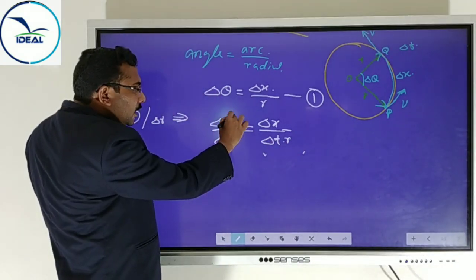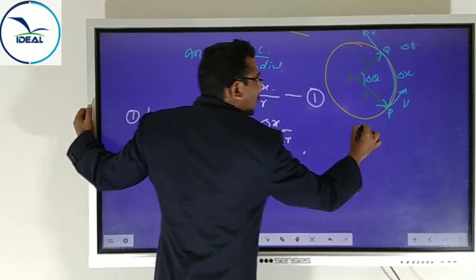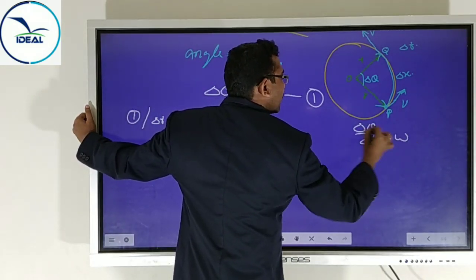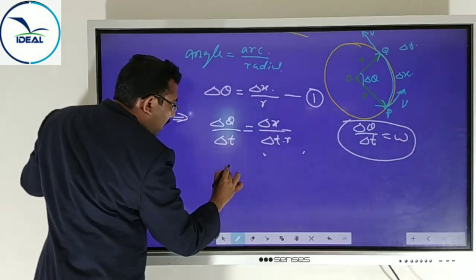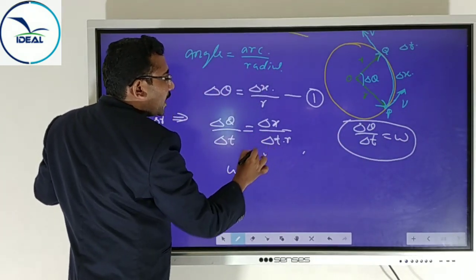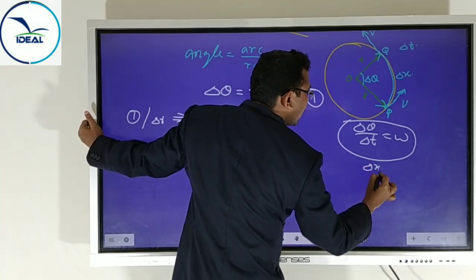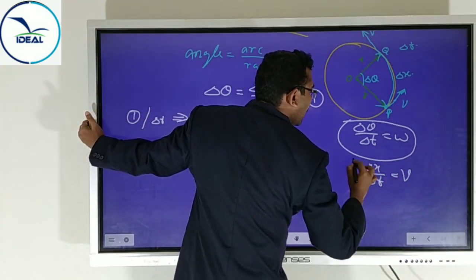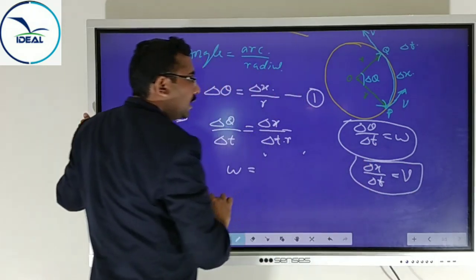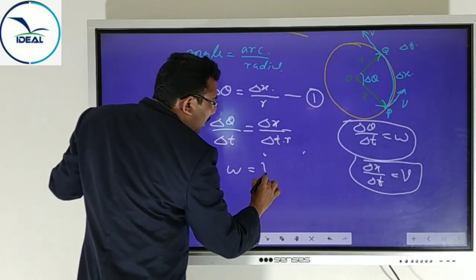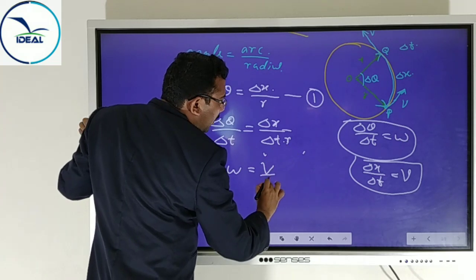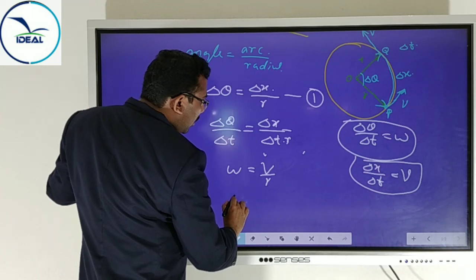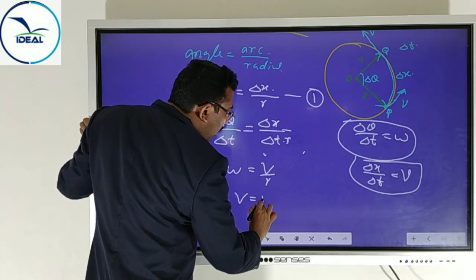What is delta theta by delta t? Rate of change of angular displacement. This is called angular velocity, omega. What is delta x by delta t? Rate of change of linear displacement, called linear velocity, dx by dt. That is v. We also have r in denominator, that is v by r. That is omega equal to v by r, or v is equal to r into omega.